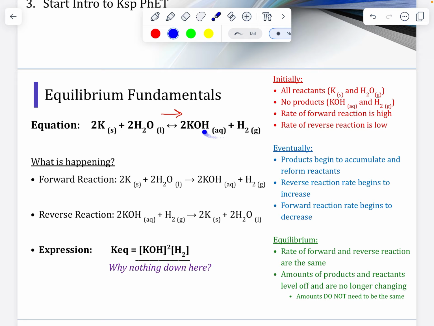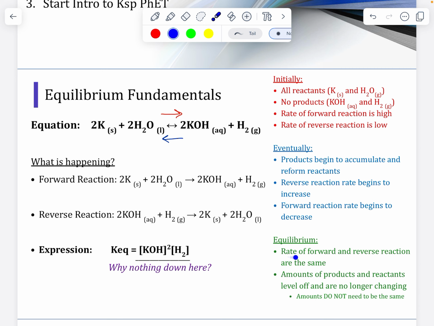Since we don't have any products, that reverse reaction isn't going to be able to take place. Eventually, products begin to accumulate, so we have more products, and the rate of our reverse reaction begins to increase, and in doing so, the forward reaction rate is going to decrease.